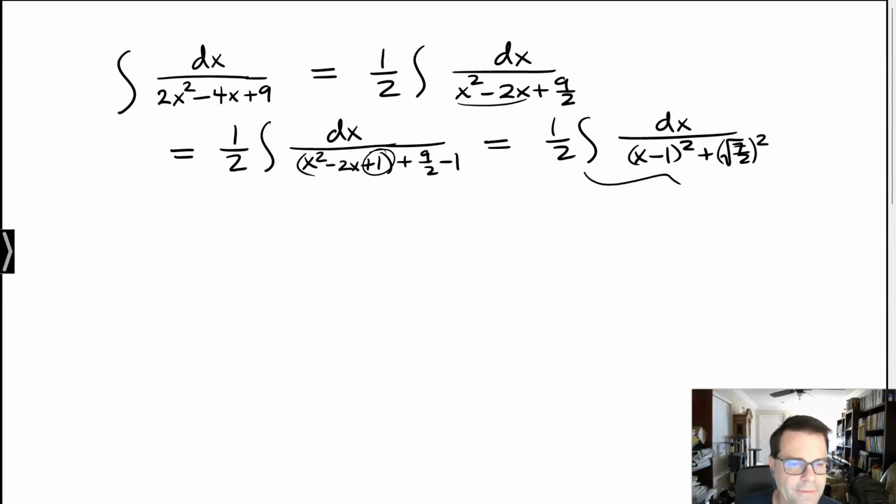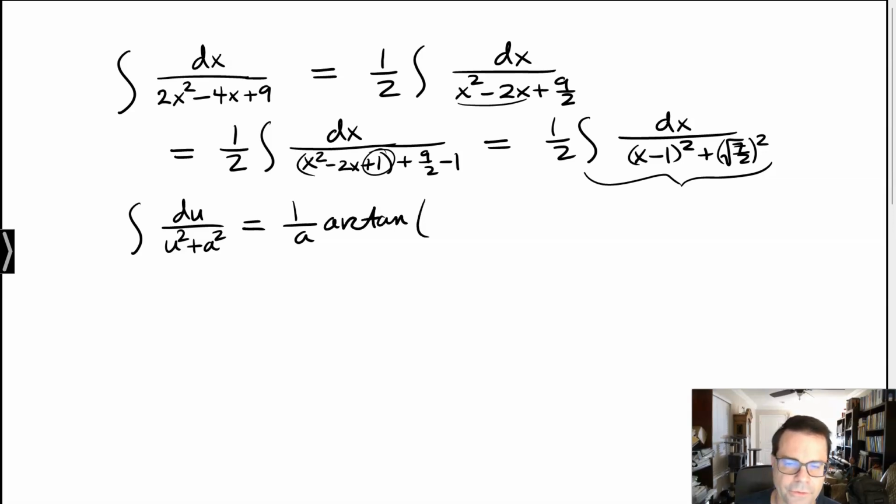Okay, now the nice thing once I've done this is exactly the form of the inverse tangent integral. So just a side note here, just to remind you, the integral of du over u squared plus a squared is 1 over a times the inverse tangent of u over a.